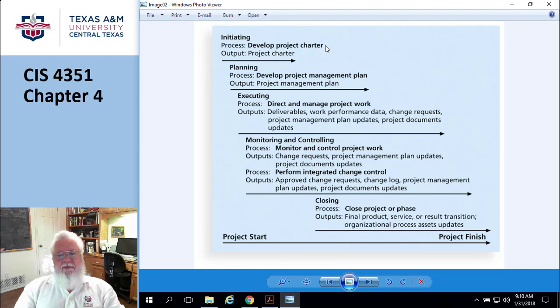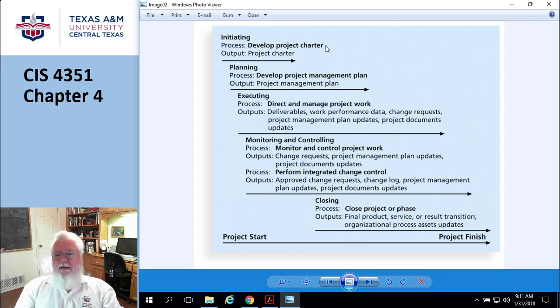And one of the interesting things that they don't really talk about all that well in the book, they kind of mention it, but they don't bring it to a head, is that one of the most significant features of the project charter is it approves the project. You could have a gazillion projects that you're working on, but only 5 of them have been approved that you're supposed to be working on. The rest are just hanging out there waiting for something else to happen. So the project charter is like your approval document. Okay, they say that, they just don't make it perfectly clear.